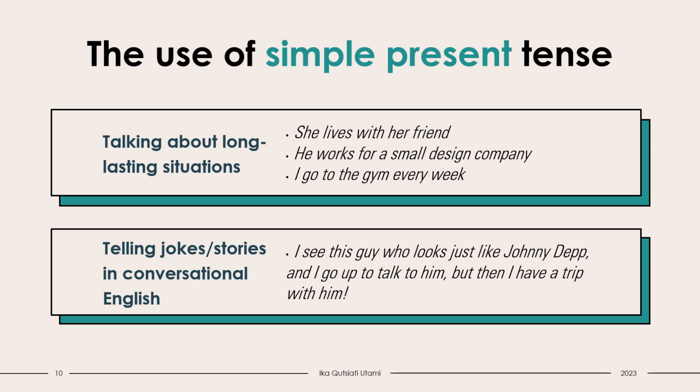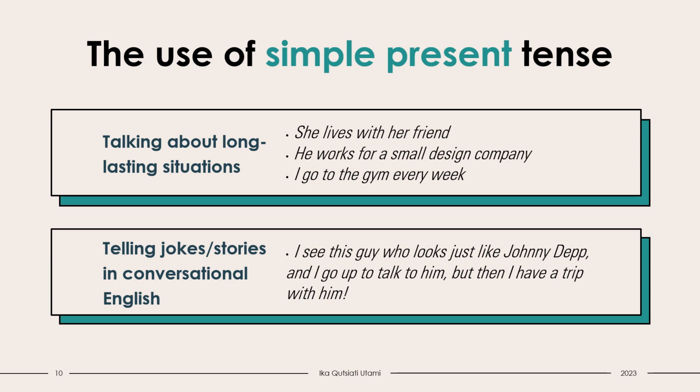For example, he works for a small design company. This is a career, this is a job, so he will probably stay there a long time. Second, he's working for a small design company, so he works there at the moment and he might change jobs soon.